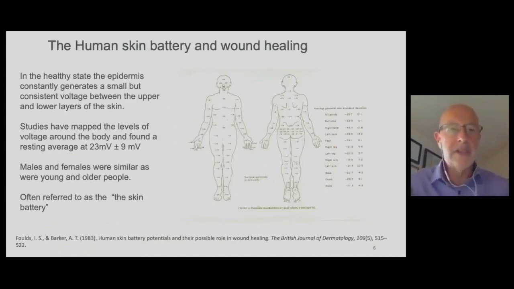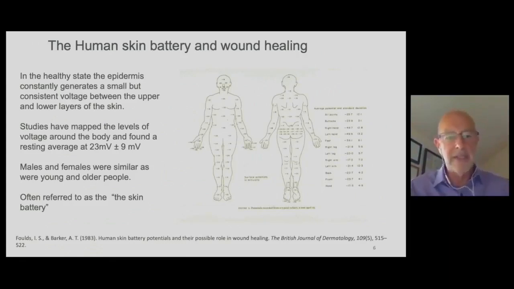And it turns out that the human skin already has a stored potential for electricity, because in studies from the same group, they found that between the epidermis, the upper layer, and the lower dermal layers, there's a consistent voltage between those two layers of skin.